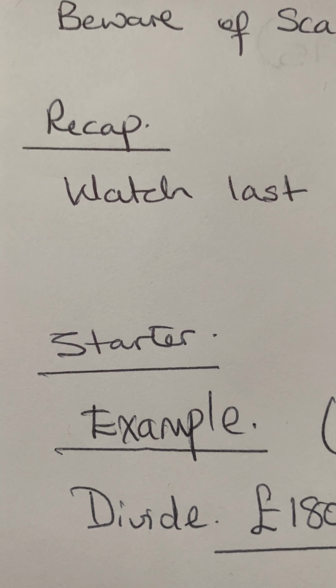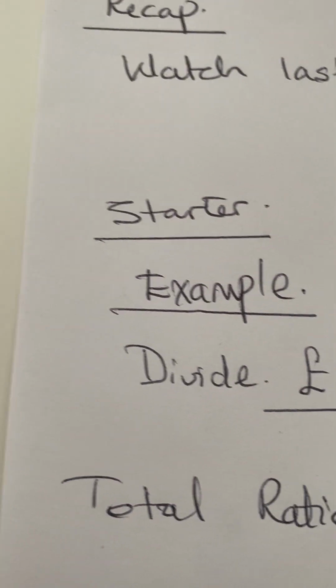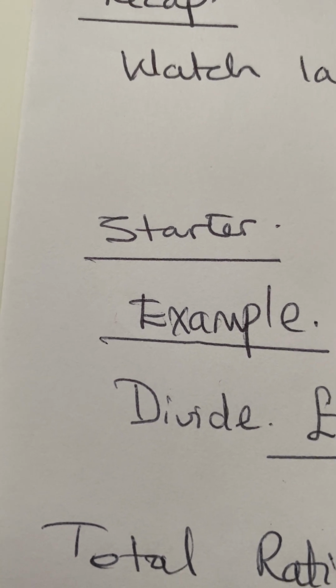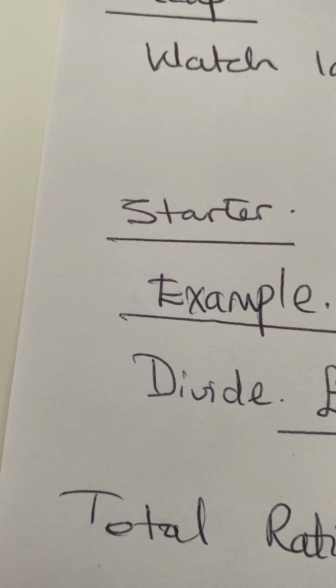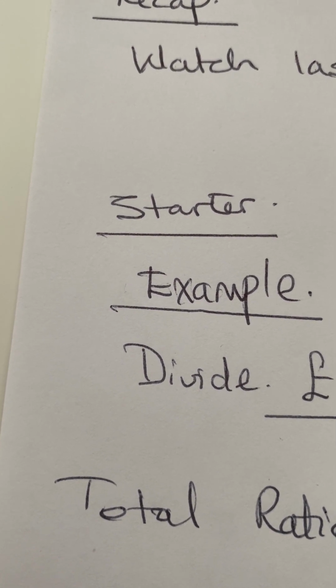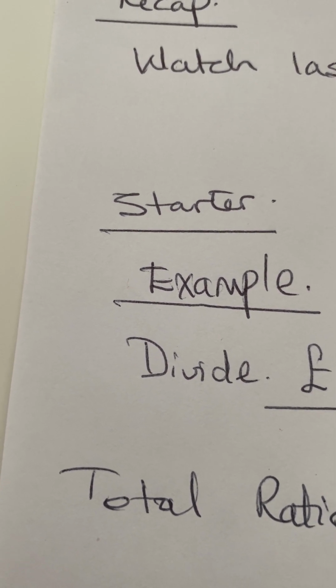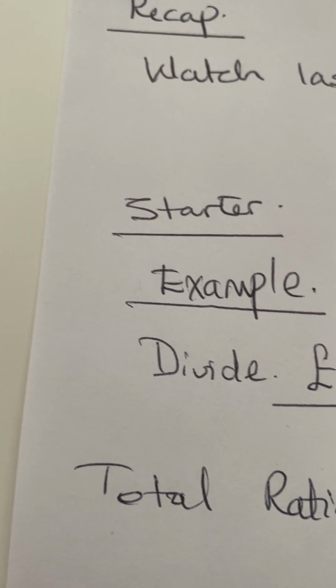Recap. Watch last video for recap. Okay. Now, starter. Today I have a proportion and a ratio question for you for the recap. This one you are not allowed to use the calculator because they are figures you can easily do.